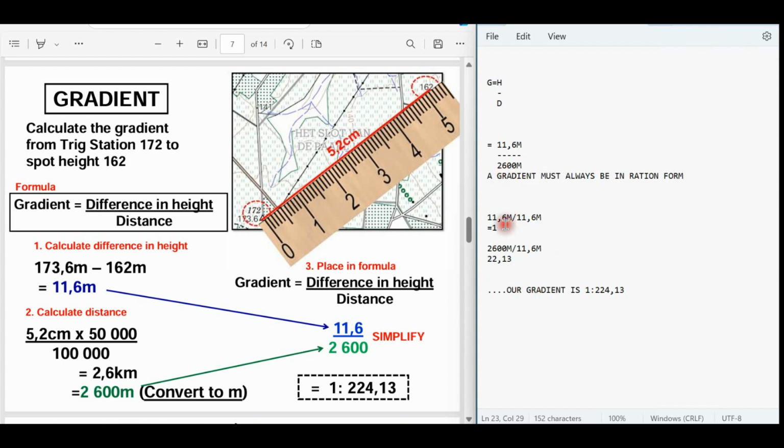We convert this gradient to a ratio so that we will have a scale. This means that 1 centimeter on our topographical map represents 224 centimeters on the ground.